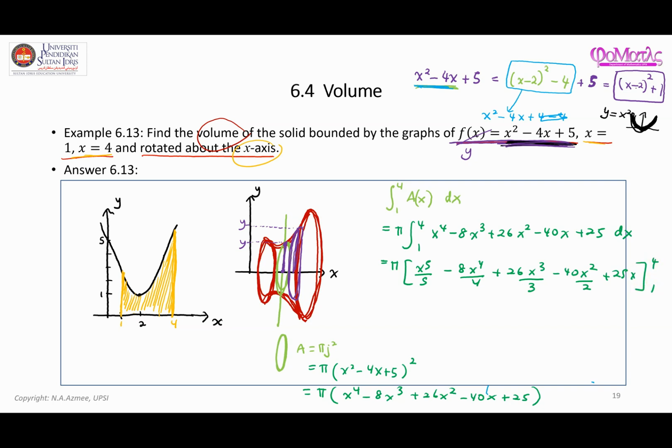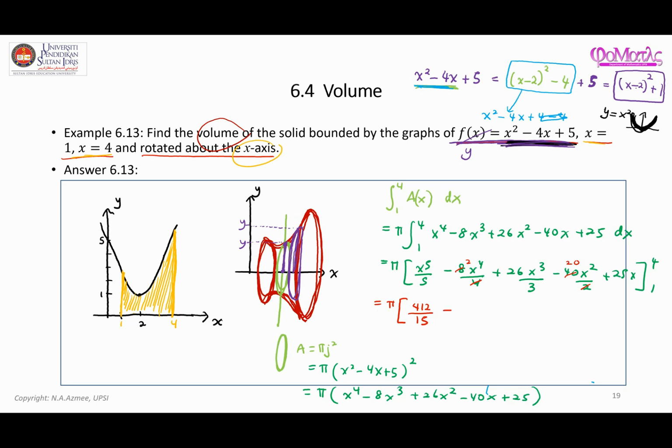Whatever can be simplified, go on and do it. For example, here it reduces to 2x to the power of 4, and this one becomes 20x squared. Once you substitute 4 into the result, you get pi times 412 over 15.